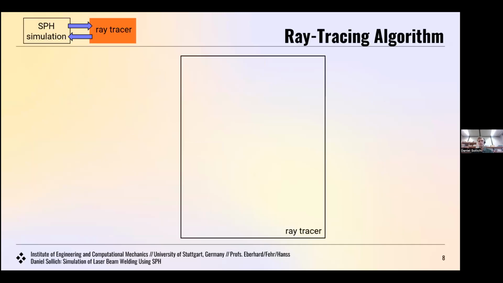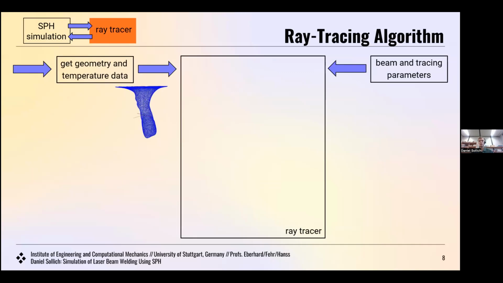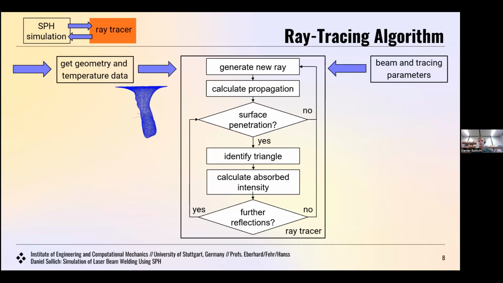Okay, so now we have seen the SPH side of the simulation. I also want to spend a slide on the ray tracing scheme. As mentioned before, the ray tracer takes as an input the surface geometry as well as the temperature data, as well as beam and tracing parameters. Then we represent our laser intensity distribution by thousands of rays.